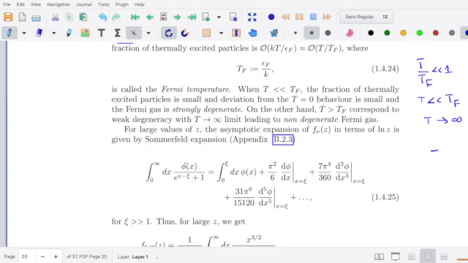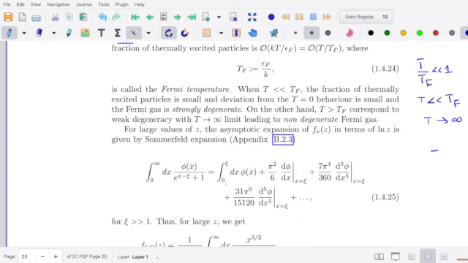If we have a regular function, differentiable up to all orders, φ(x), then the integral from 0 to infinity dx φ(x) divided by exp(x minus c) plus 1 is given by this series expansion.